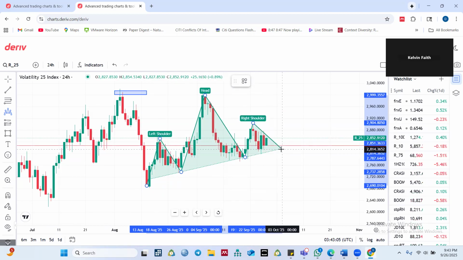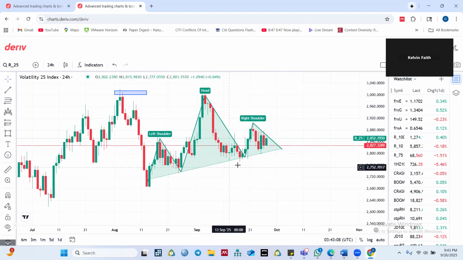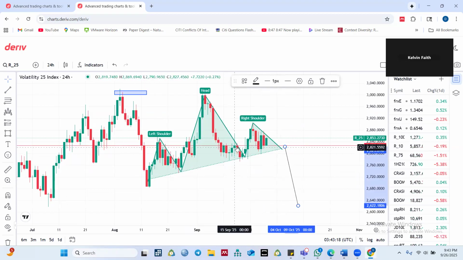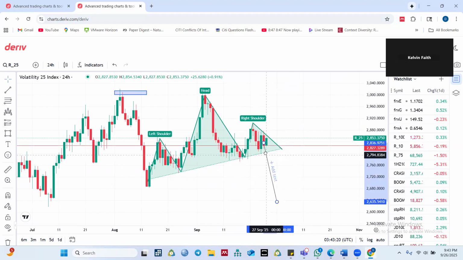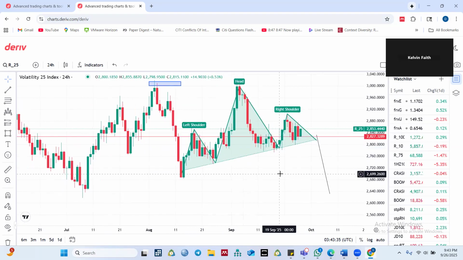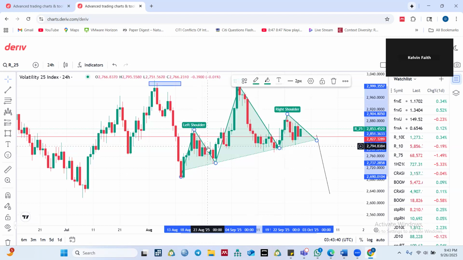So if we break this trend line, price is likely to sell. You see that red line, off that red line is exactly where price sold to, and we are getting this pullback or retest. If we drop to close below this red line, we are likely to sell, just from this pattern that I'm seeing.